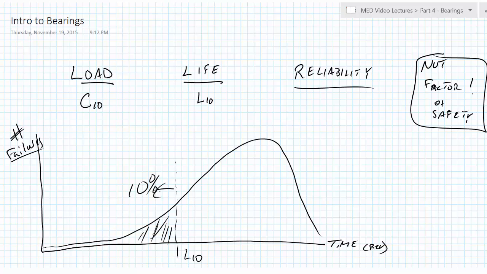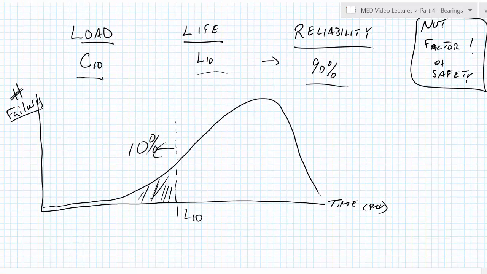If we do that, what we imply from a catalog rating is that if we pick a bearing that we want to run at the rated load C10 for a rated life, then we have a 90% confidence that that bearing will still be working. If we want a higher confidence, then we need to pick a higher rated load, or a bearing that can last a little longer.